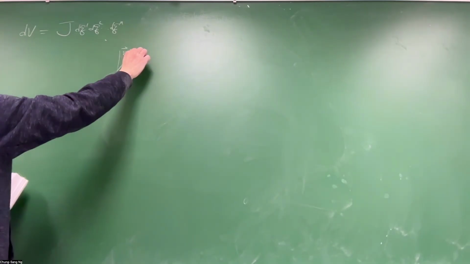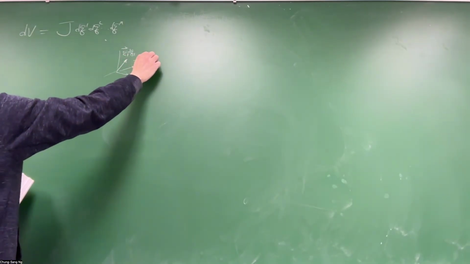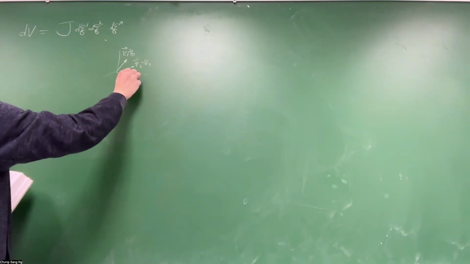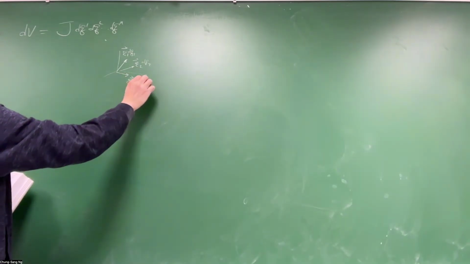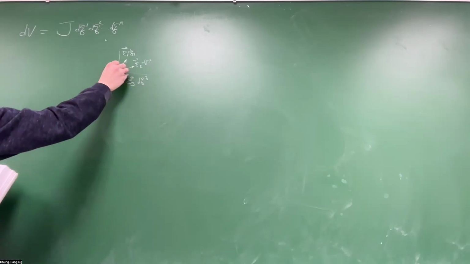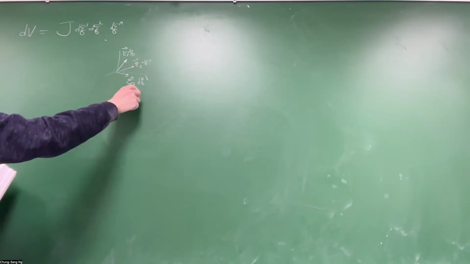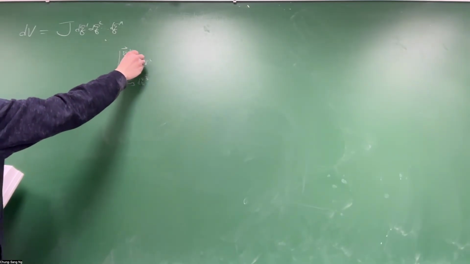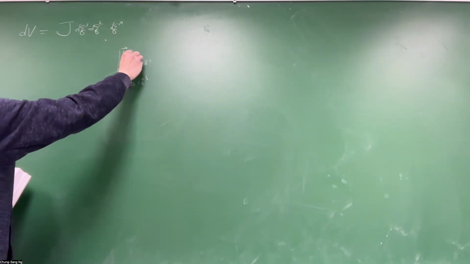These are not unit vectors, they're basis vectors. A bunch of these differential vectors, you can say. And the volume is basically formed by a parallelogram, well, I don't know the proper name.